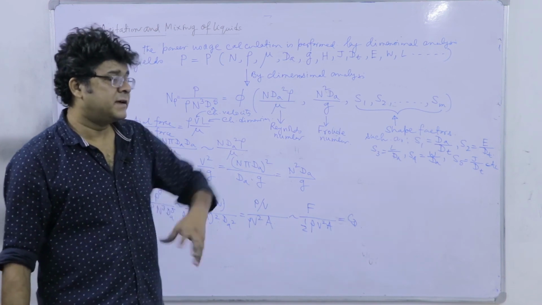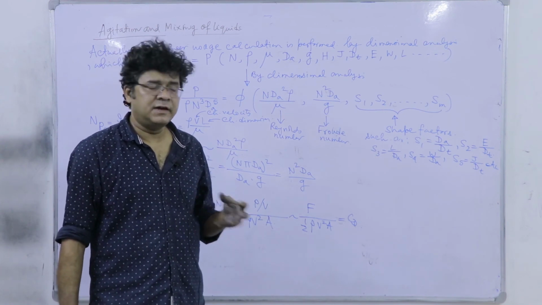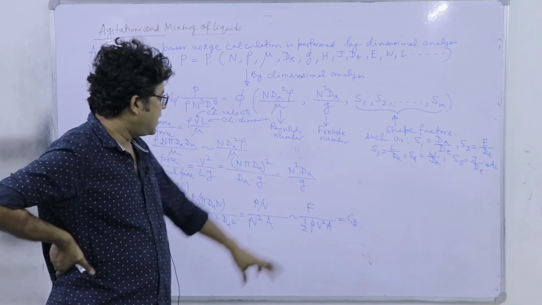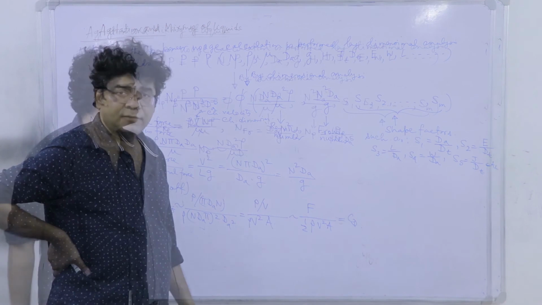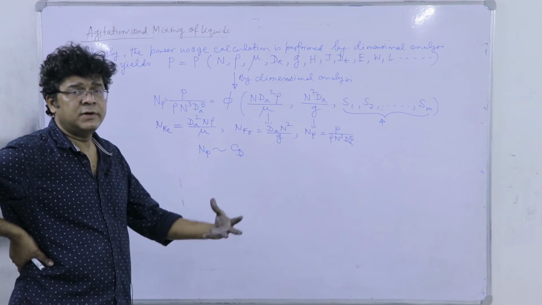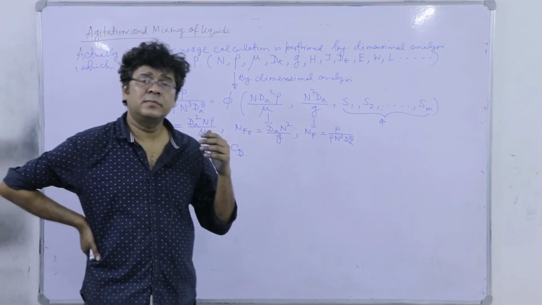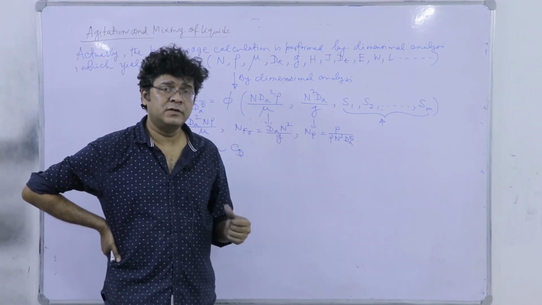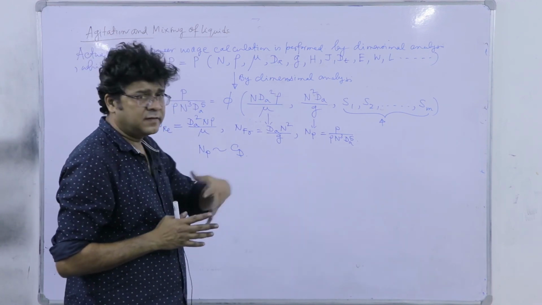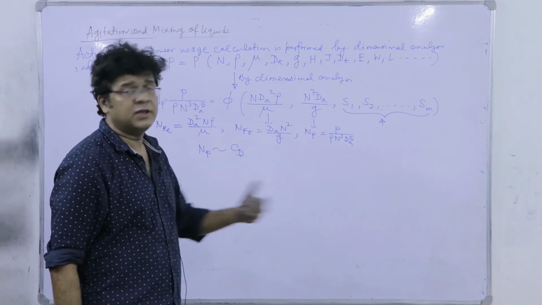But if you increase the density, switching from gas to liquid, the drag will increase, and that drag actually helps you transmit the power from the shaft and the impeller to the liquid.